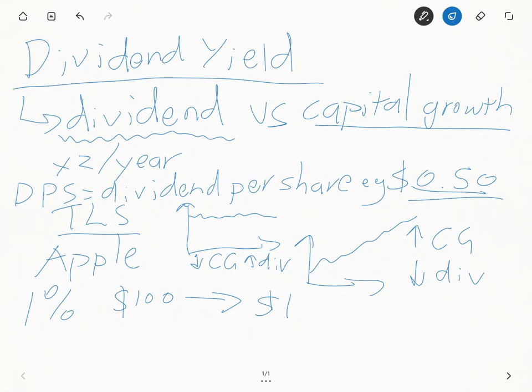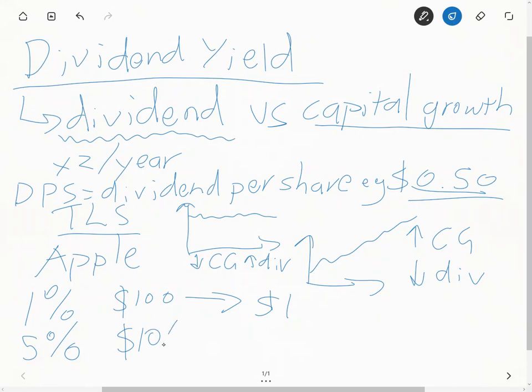Now, for a dividend yield, let's just say, for argument's sake, the dividend yield is 5%. Let's use the example before. Let's say that a company's stock is trading at $10. That's the market price of the stock.